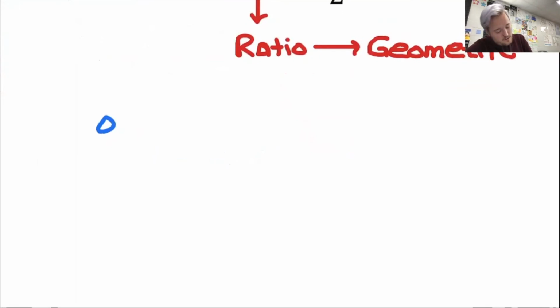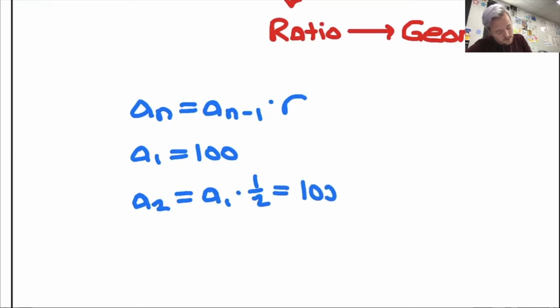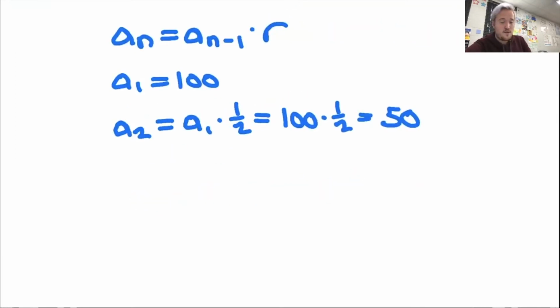So A of n minus 1 times R. So I already know the first term is 100. So if I want to find the second term, I'm going to use the first term and multiply times 1/2. So that's 100 times 1/2, which is 50. So that's the second term.